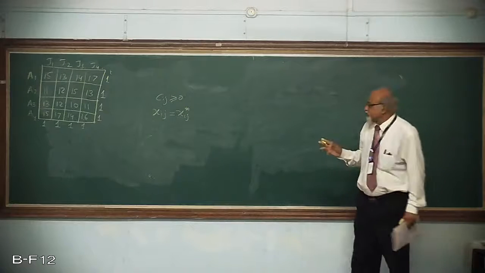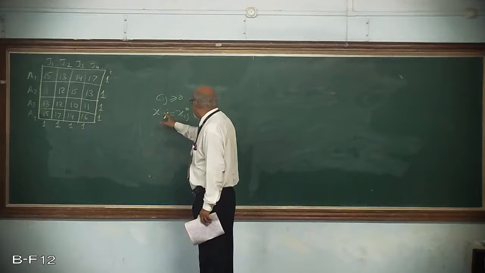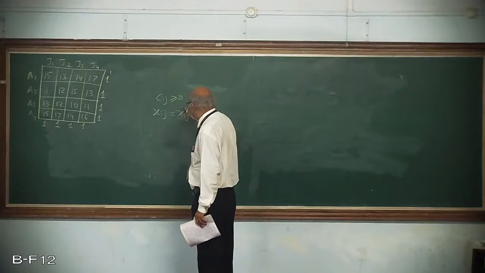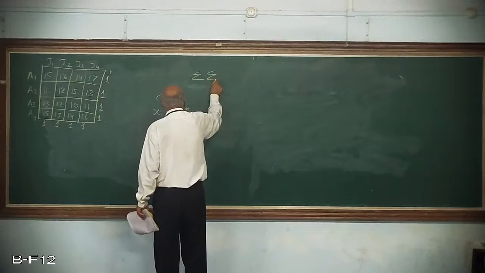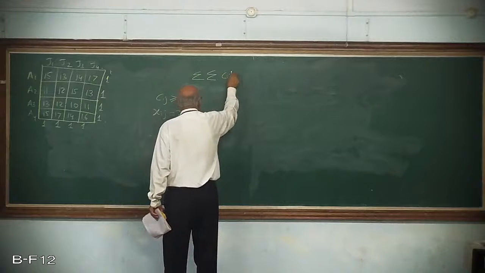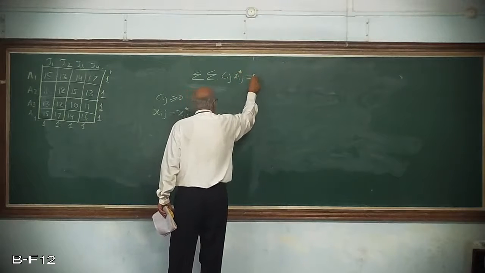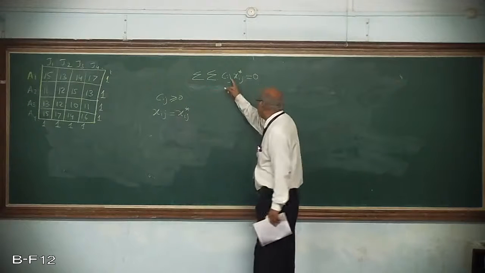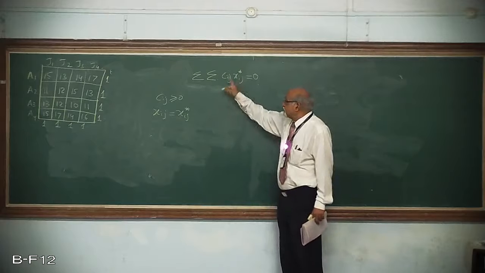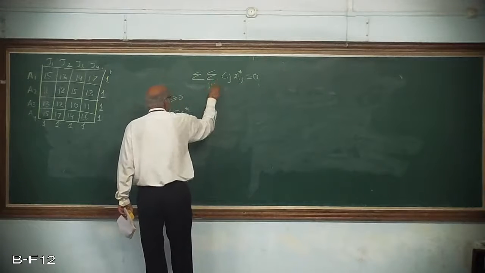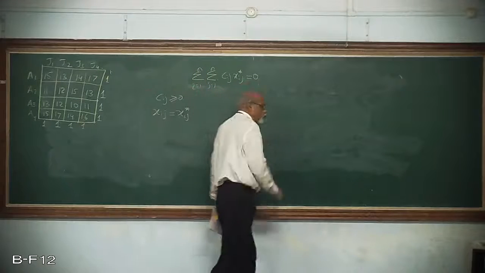In that case, Cij is the cost, the earlier one equal to the one afterwards, whatever is the assigned value. Then the sum of Cij Xij asterisk should be equal to 0. I will make the Cij values in such a way that this total multiplication, with j equal to 1 to n and i equal to 1 to n, becomes 0.